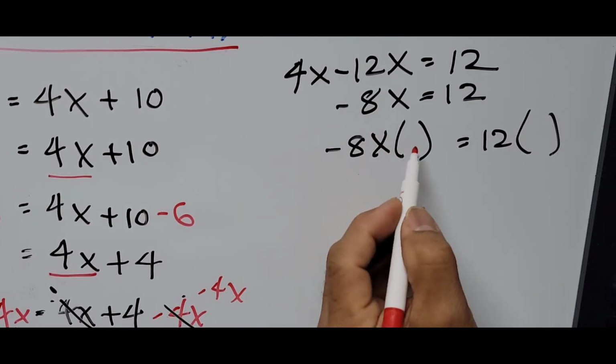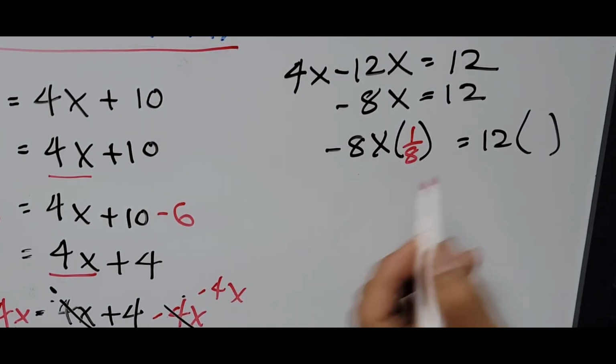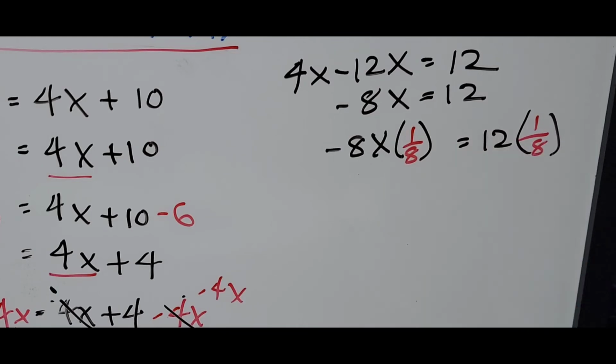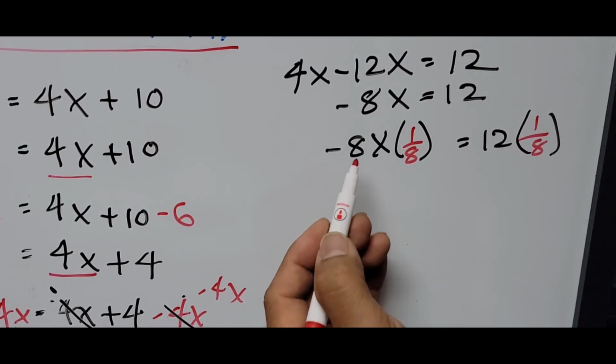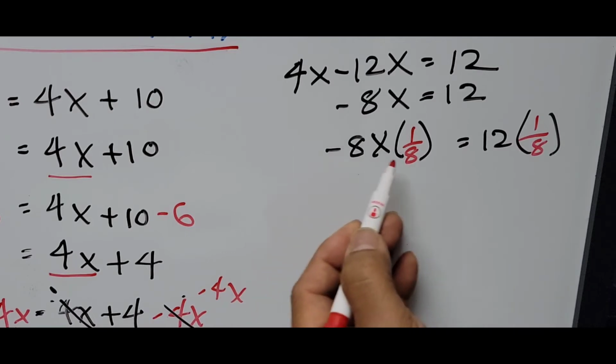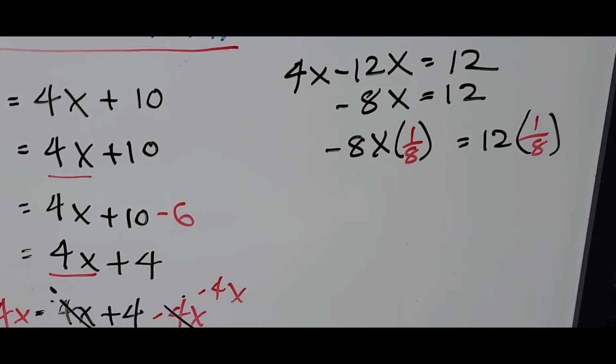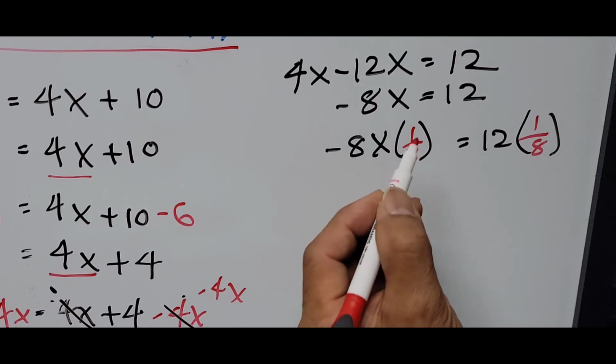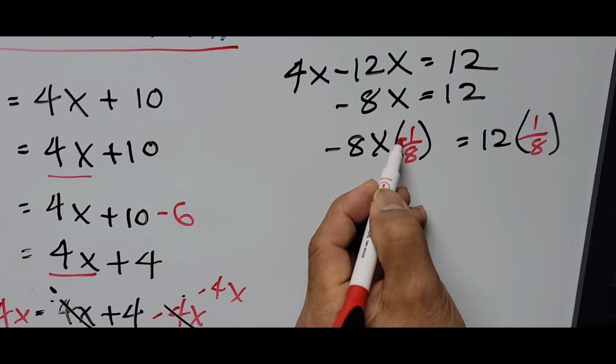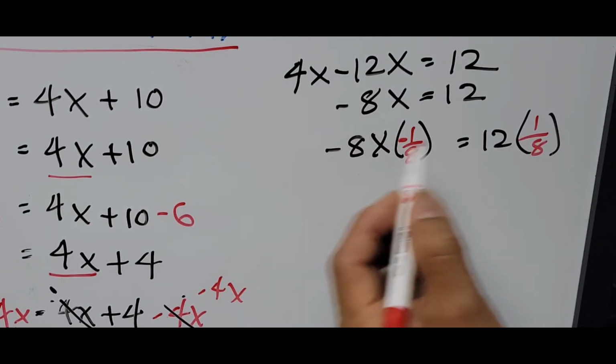Same thing, you do on the right, 1/8. If you do that, it will still be negative. So what are we going to do? Multiplication of signed numbers again, both negative becomes positive, right? So negative 1/8. That's negative 1/8 there.